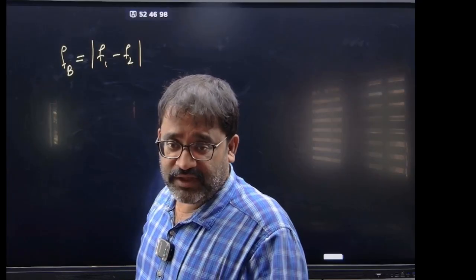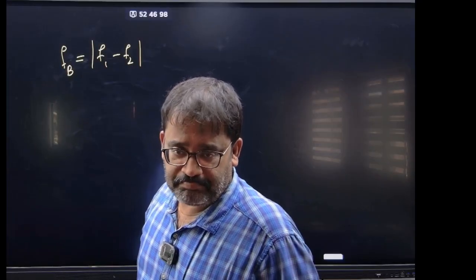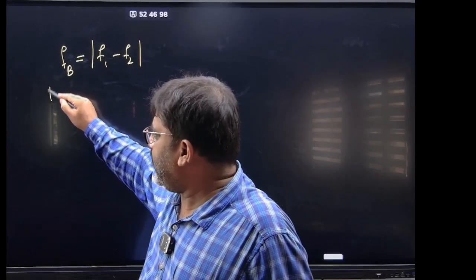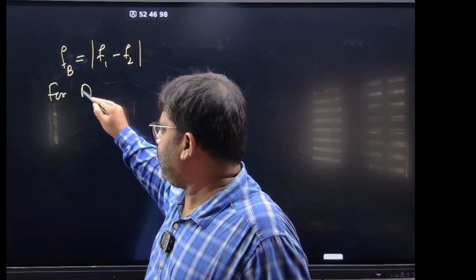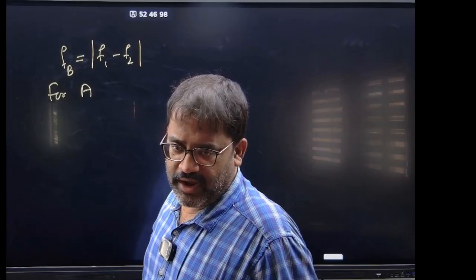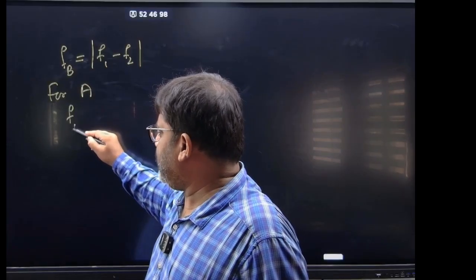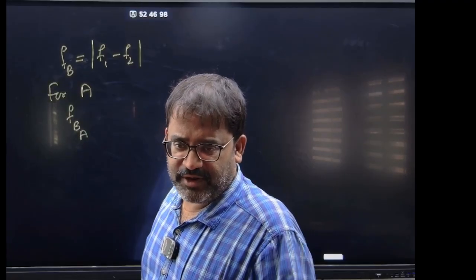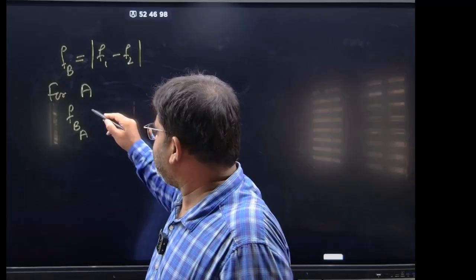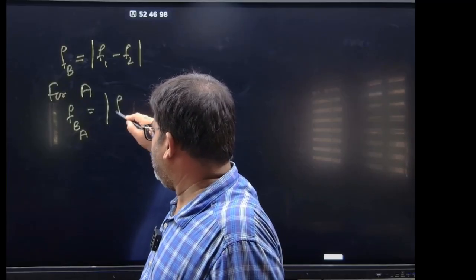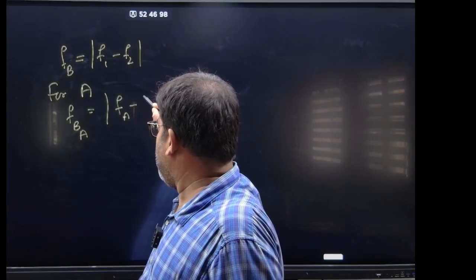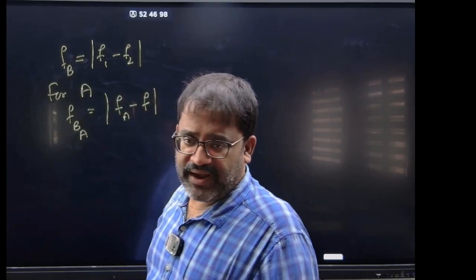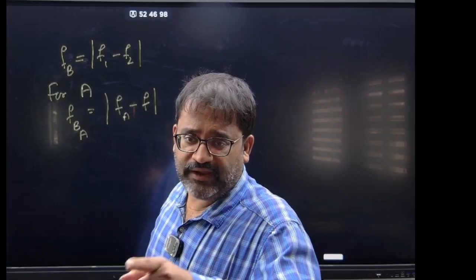Now, in this case, he has given two tuning forks. One tuning fork A. So let me say for A, we have got the beat frequency as FBA. What is the beat frequency? FBA is equal to mod of FA minus F, where F is the unknown frequency.